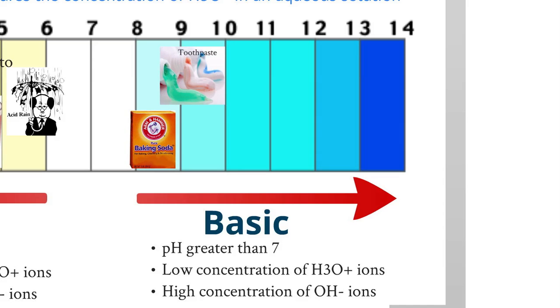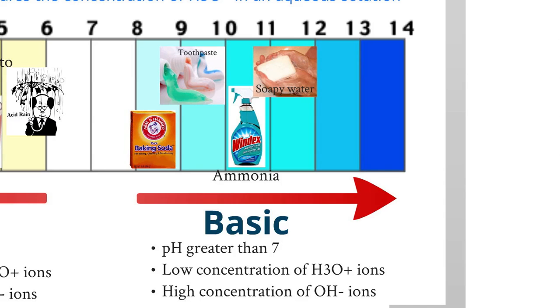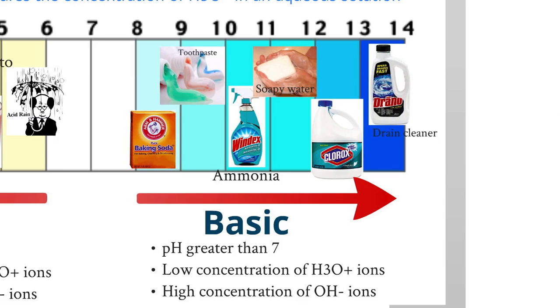We have our toothpaste, pH of 9. We have our Windex with ammonia, a pH of 10. Soapy water, pH of 11. Clorox bleach, pH of 12-ish, 13-ish. And our Drano, which is the strongest basic substance, sodium hydroxide, pH of 14.